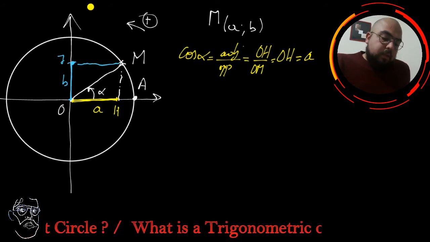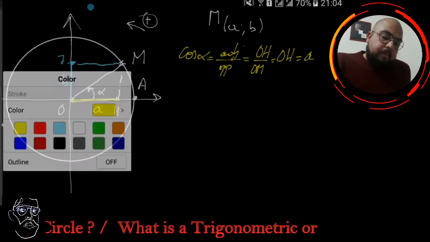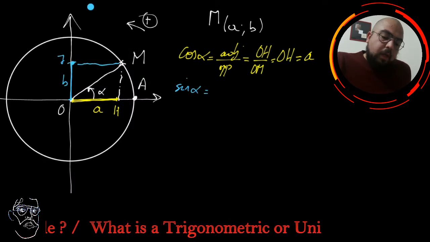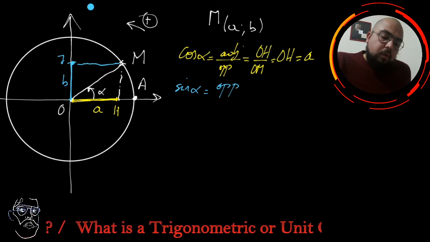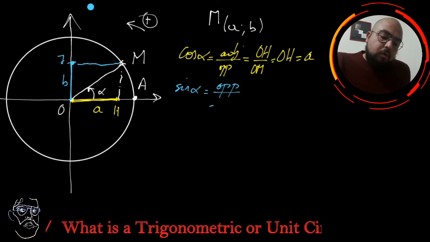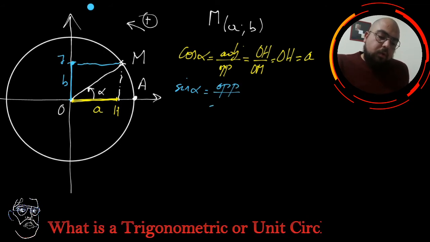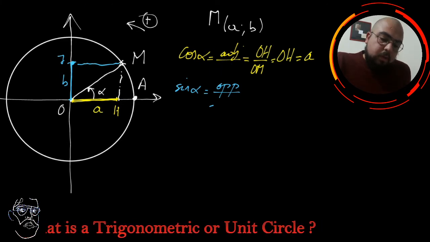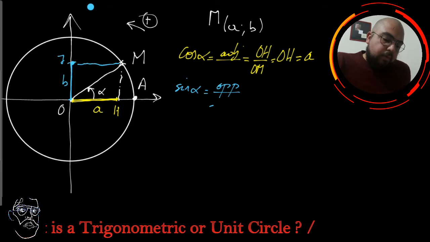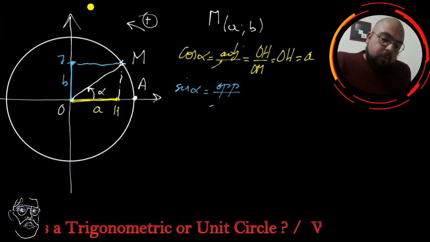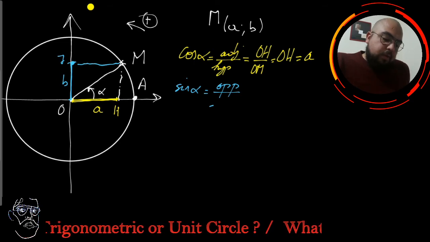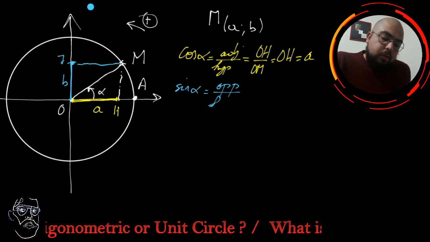What about sine of alpha? Sine alpha is opposite over hypotenuse.